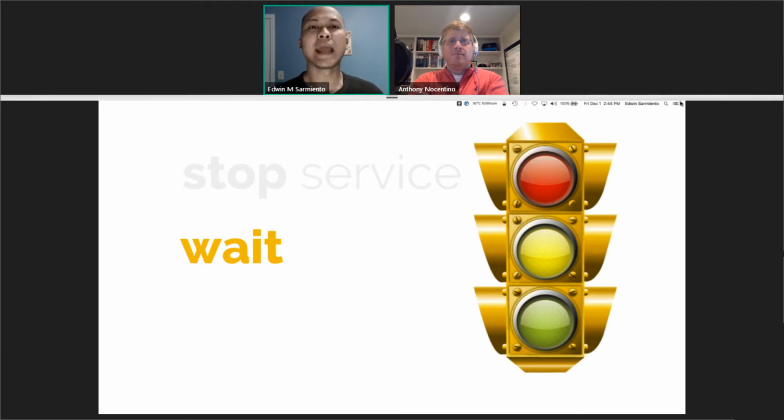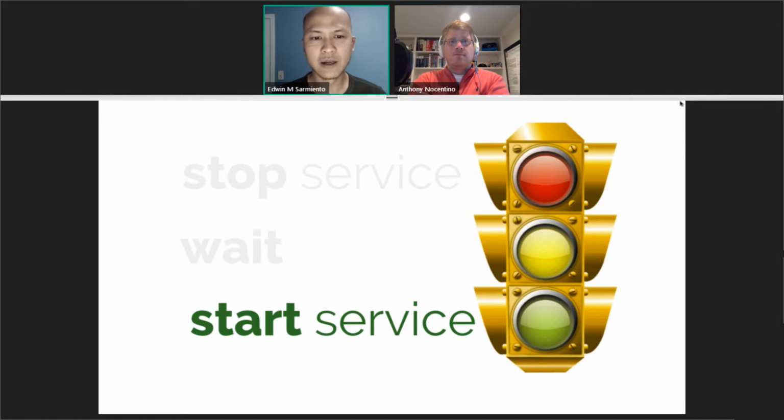Wait until any of the available nodes in the cluster can take over the workload. Wait until every other dependency is available so that the cluster can then proceed to start the service, and that is move the workload from the failed node to any of the standby nodes. And again, the waiting process is the one that we're going to be talking about later in more detail.